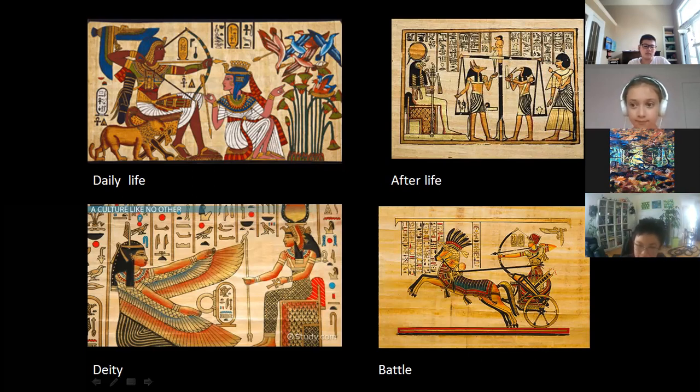So all those four topics are the main topics of Egyptian art. First, day-to-day life. Second, afterlife. The third, deity. The fourth, battle. All right.